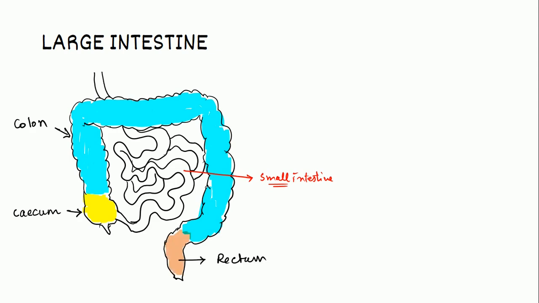Below the rectum is an opening called the anus. The anus is the opening from which the undigested food or fecal matter is removed from our body. Also there is one more structure, the appendix, which has very little function in our body.